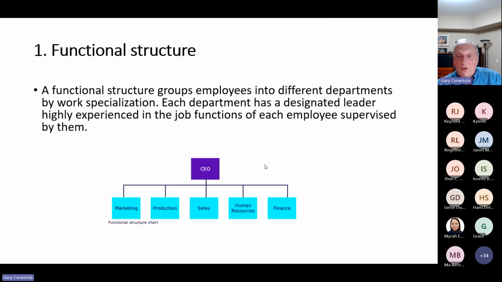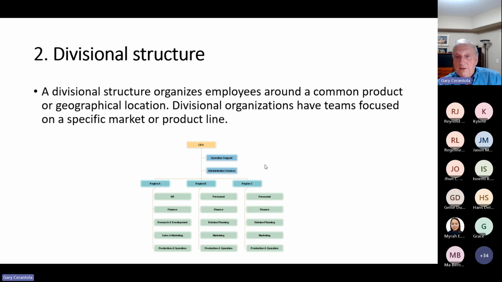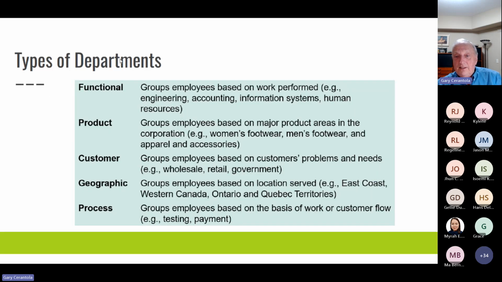So here are some examples of each one, right? You can see, even in types of departments, functional, groups of employees based on work performed, engineering, accounting, and then product departments, groups of employees based on major product areas. Customer, groups of employees based on particular customer segments or target markets. Then geographic, and then process, groups of employees based on the basis of work or customer flow.